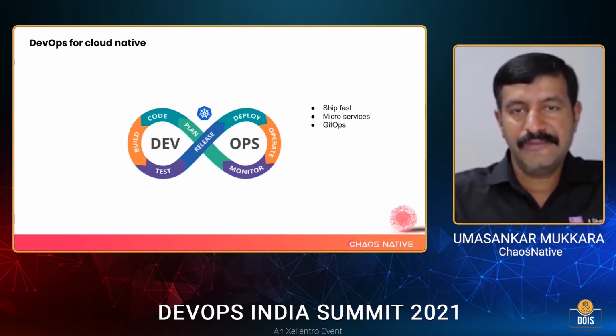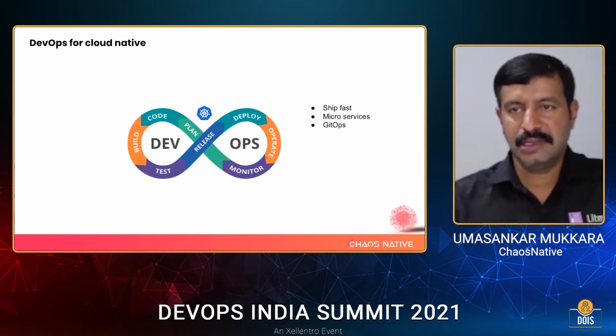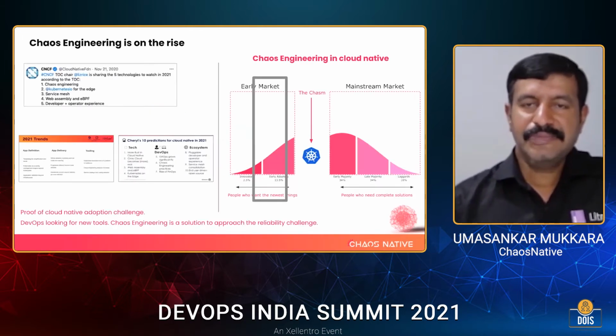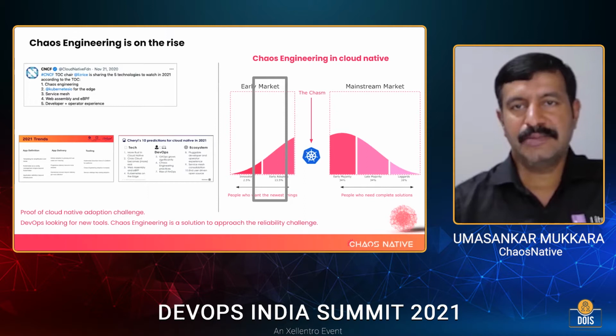And on top of that, there is an evolved architecture around GitOps. So the configuration for this increased number of microservices can be well handled at scale using GitOps, right? At the same time, to take care of reliability for this increased number of microservices in cloud native DevOps, chaos engineering is on the rise as an approach to tackle reliability.